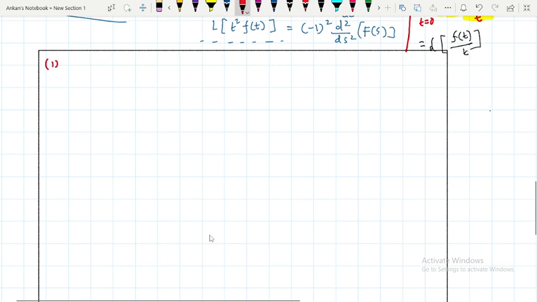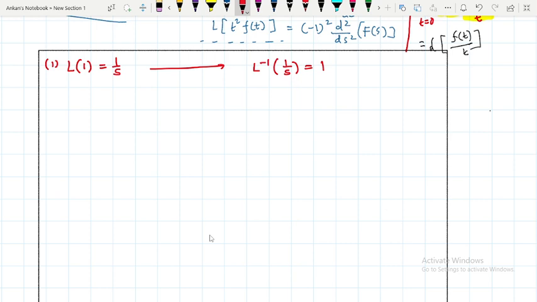The first one we have discussed, Laplace transform of 1 is 1 by s. In a similar way you can say inverse Laplace transform of 1 by s is 1.